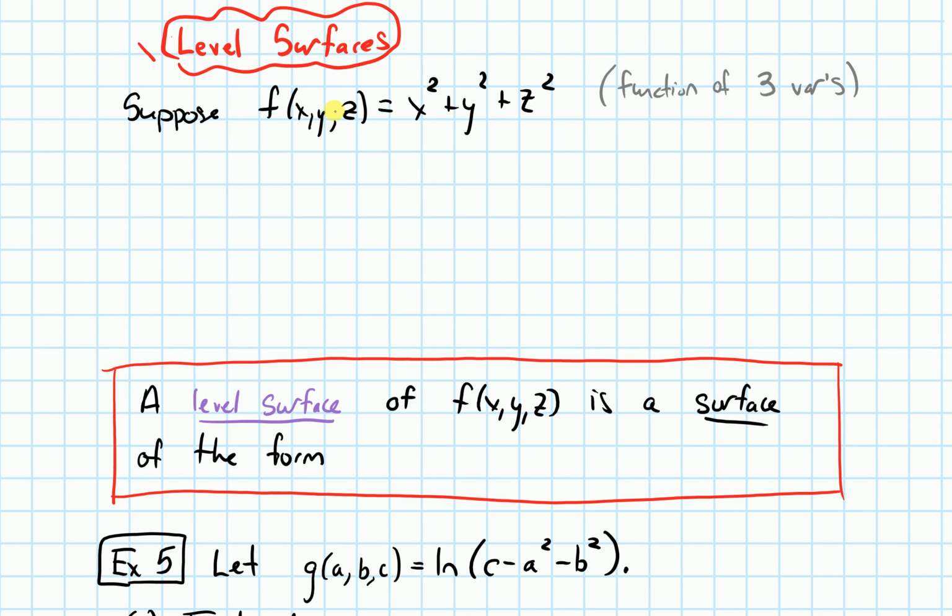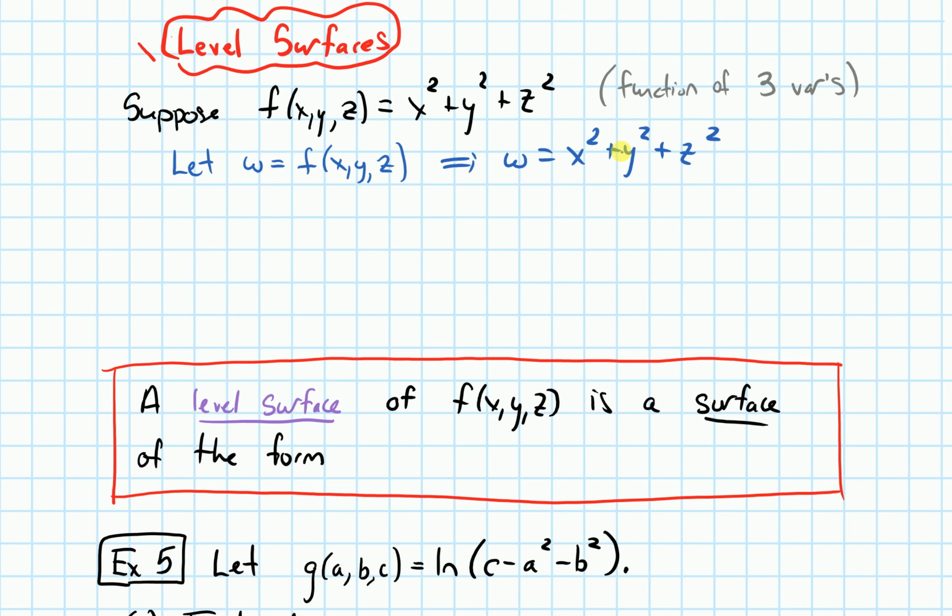So using our same idea from functions of two variables, we could call the output a new variable. I'm going to let w be the output, so it's going to be f of x, y, z. And if we do that, we get the equation w equals x squared plus y squared plus z squared.